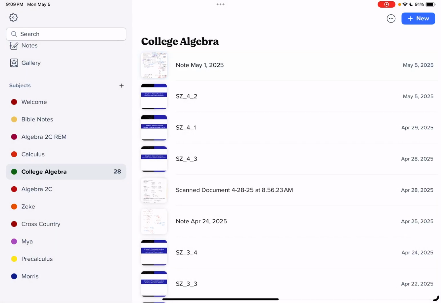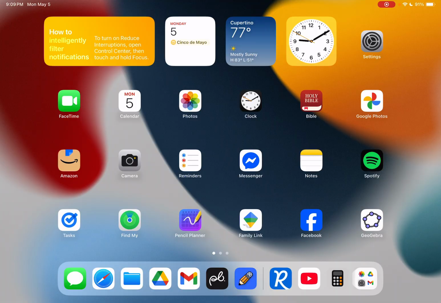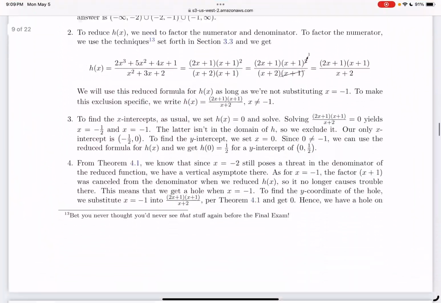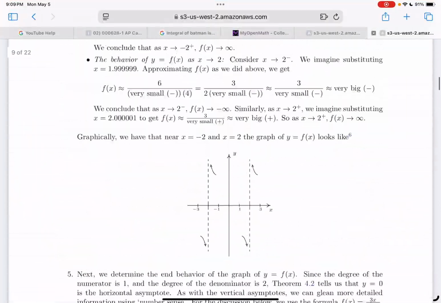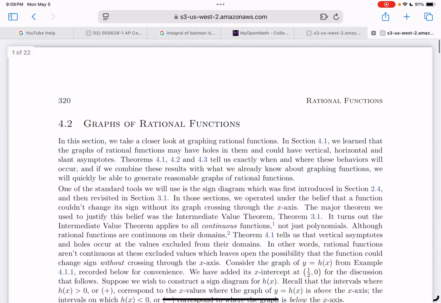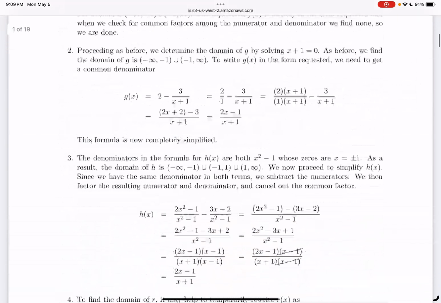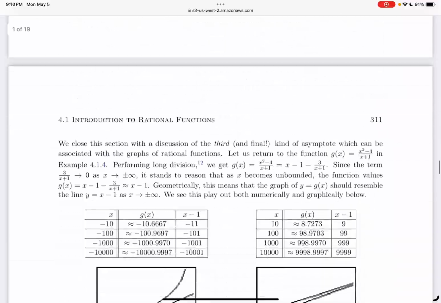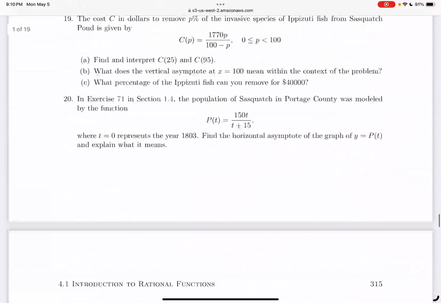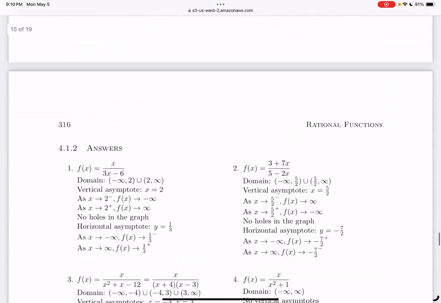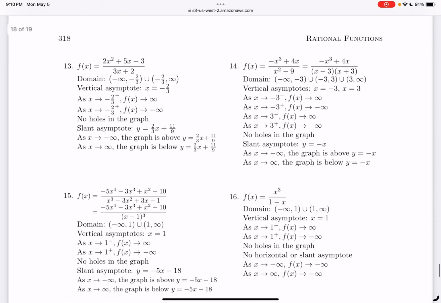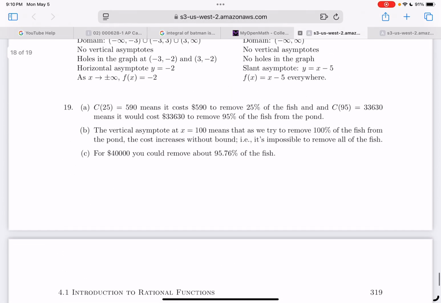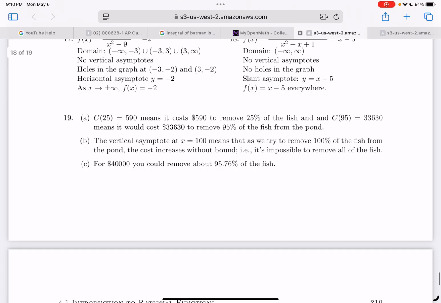This is 4.1. I want to go back and look at the answers to 4.1 on number 19, because I want to make sure of the percent. Okay, yeah, they're plugging in 25. So you're going to get 590.